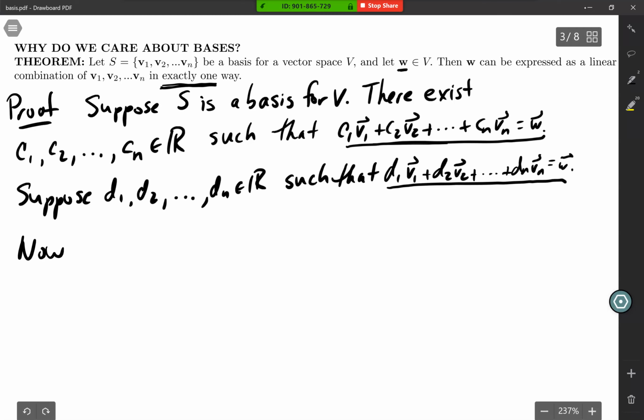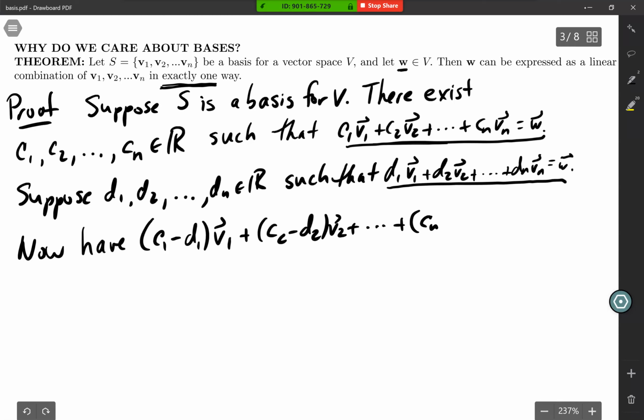So now if I just subtract and combine, we'll have C1 minus D1 times V1 plus C2 minus D2 times V2 out to Cn minus Dn Vn is equal to the zero vector.